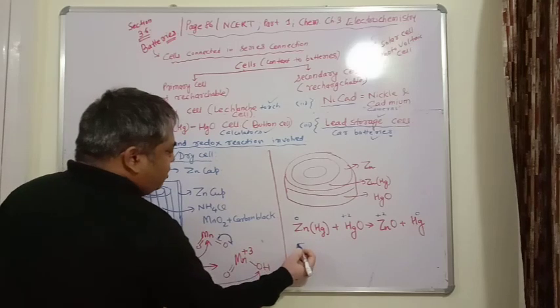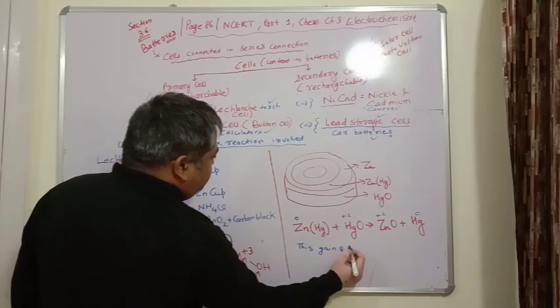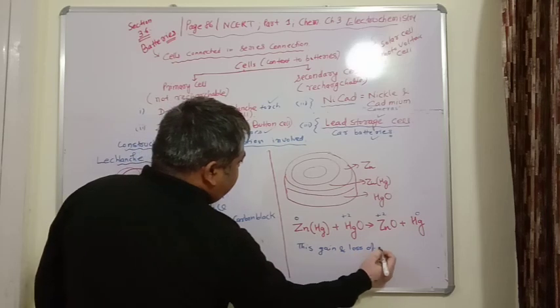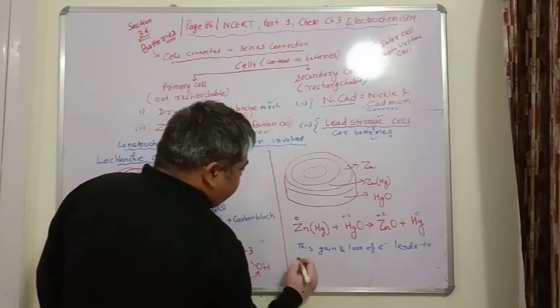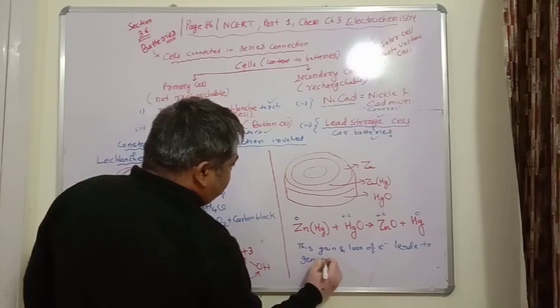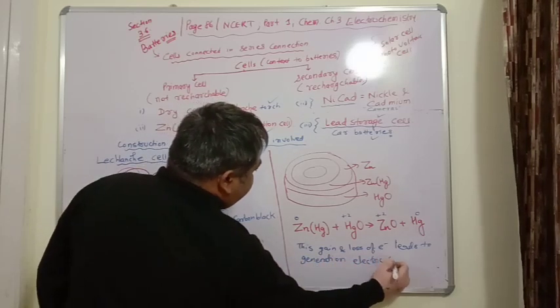So this gain and loss of electron leads to generation of electric current.